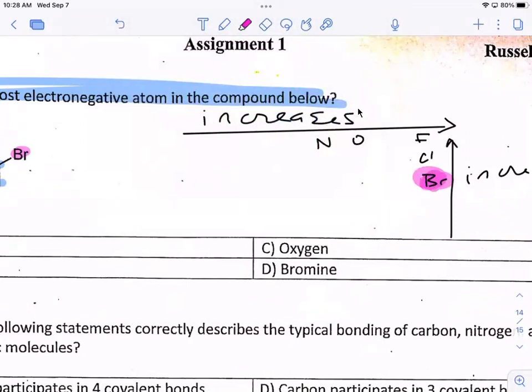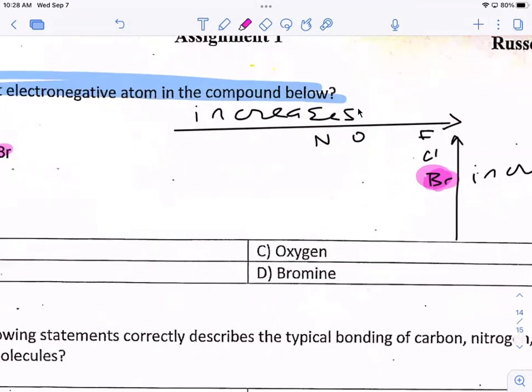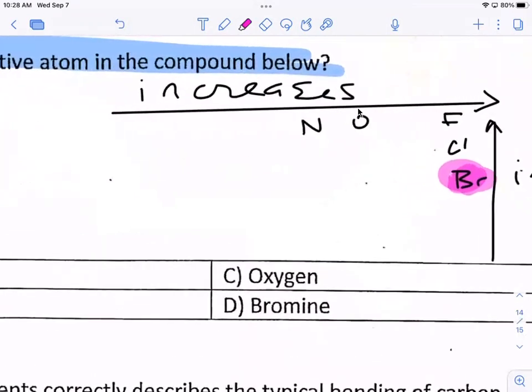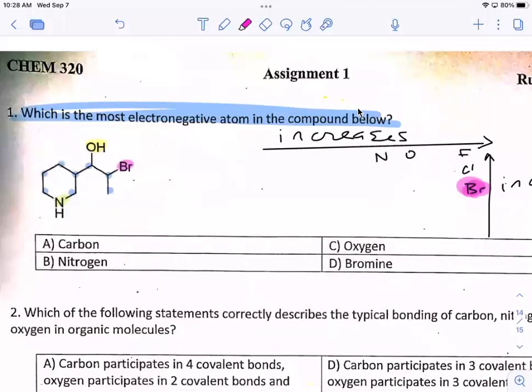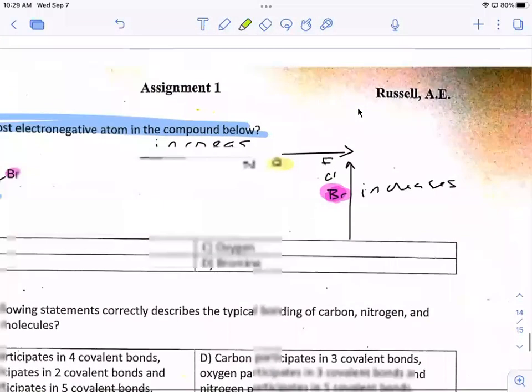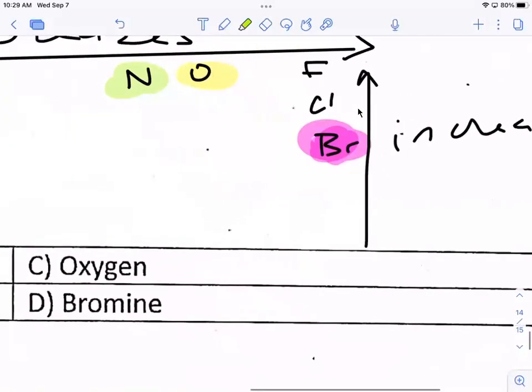So even though it's further to the right, it's below both of those atoms. So oxygen is actually the most electronegative.